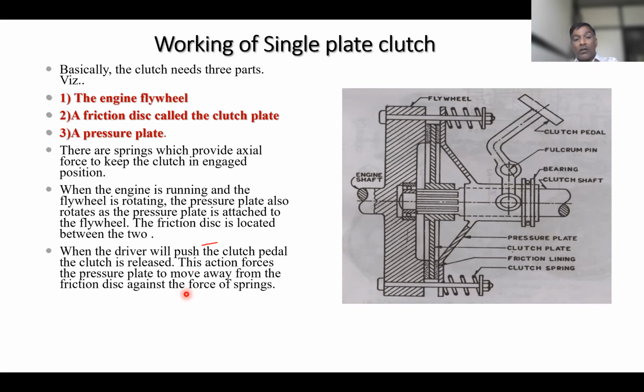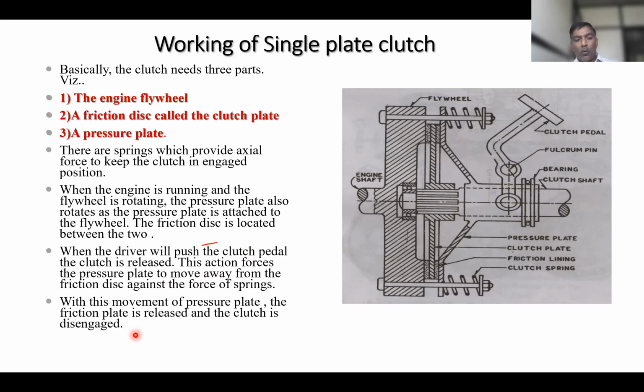What will happen then? The clutch plate in between these two is not under pressure, there is a gap between the two plates. So the driven shaft will not be rotated. With this movement of the pressure plate, the friction plate is released and the clutch is disengaged. If this clutch plate does not rotate, will the driven shaft rotate?